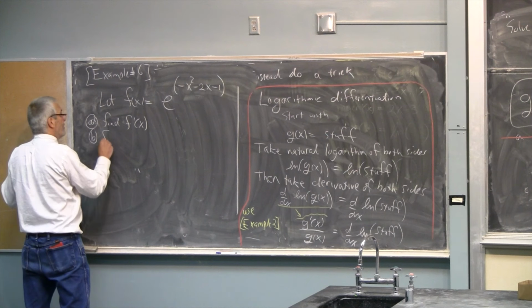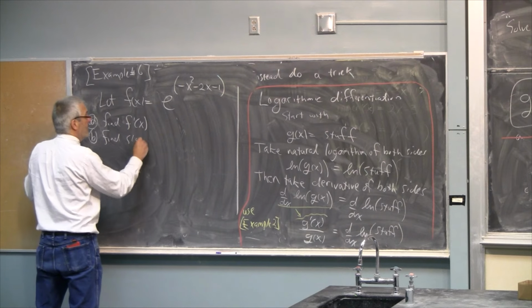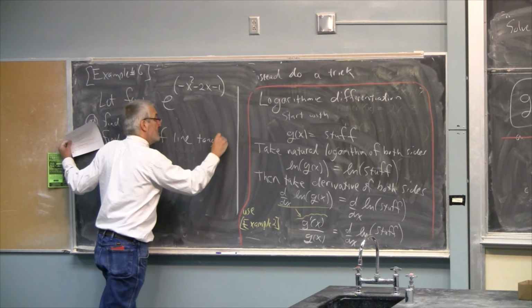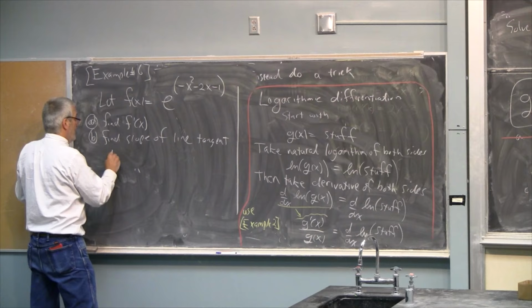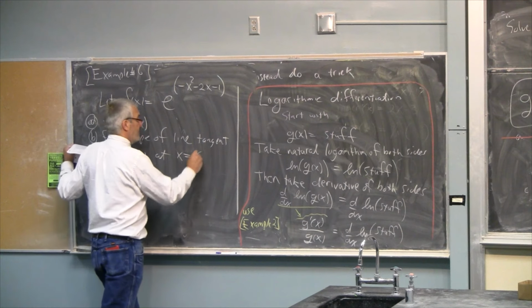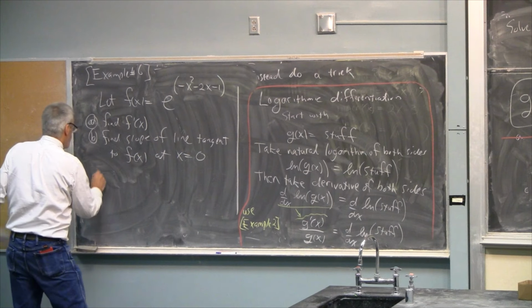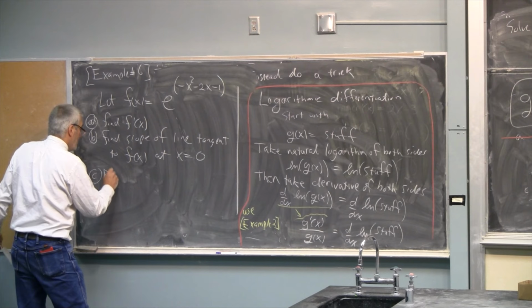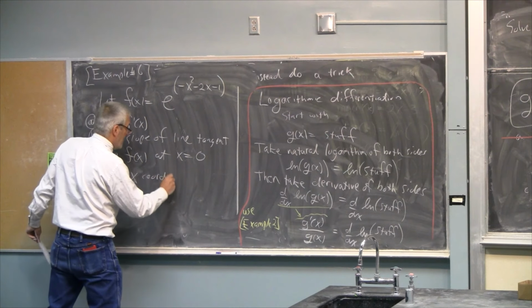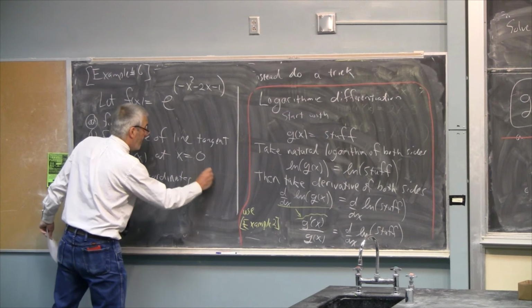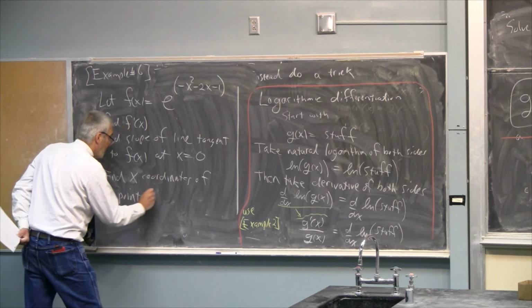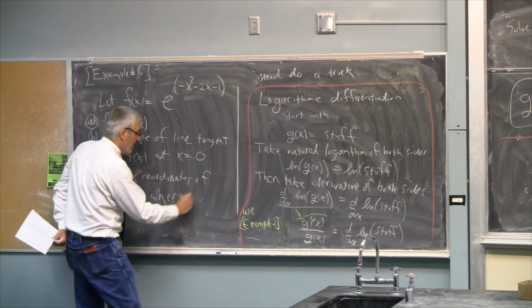B, find the slope of the line tangent to the graph at x equals 0. C, find the x coordinates of all points where there is a horizontal tangent.